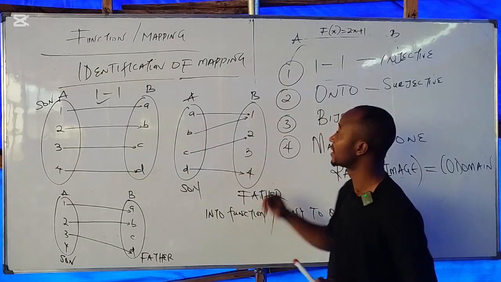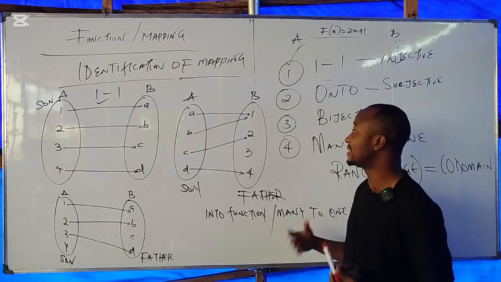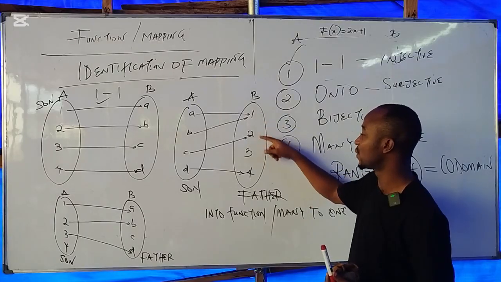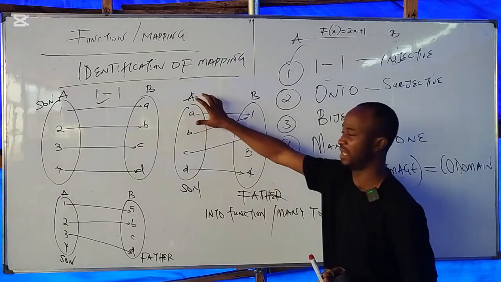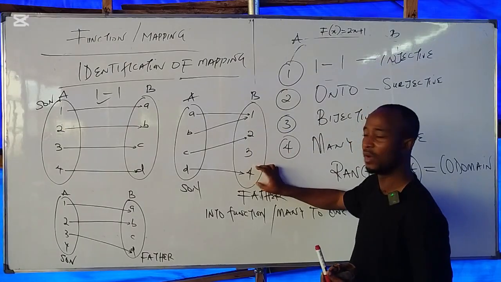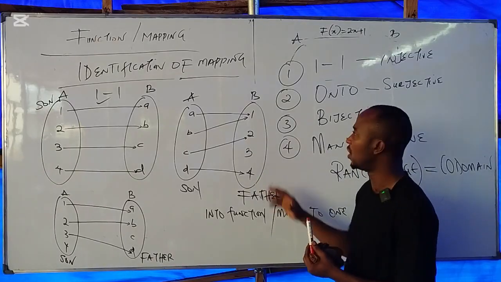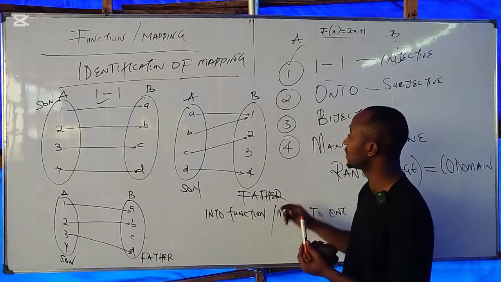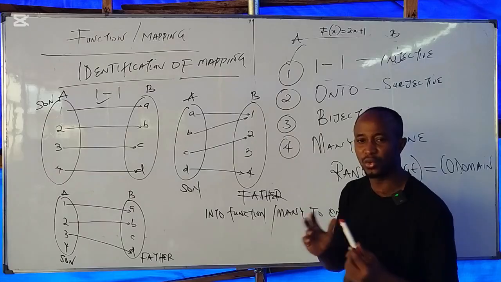Number 2 is that the range of this function is not equal to the codomain. Our range still remains 1, 2, and 4. The range talks about the image of A in this function, which are 1, 2, and 4. But the codomain is 1, 2, 3, 4. So since the image of this function, which is the range, is not equal to the codomain, that simply means this is not an onto function.